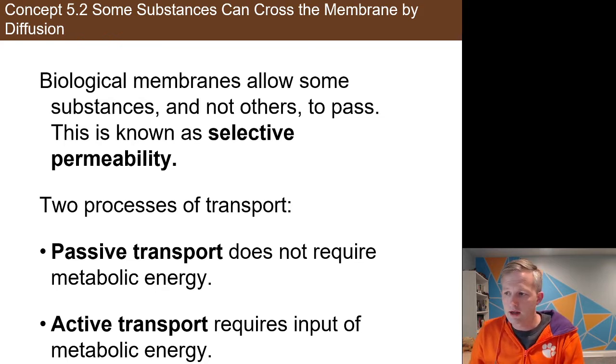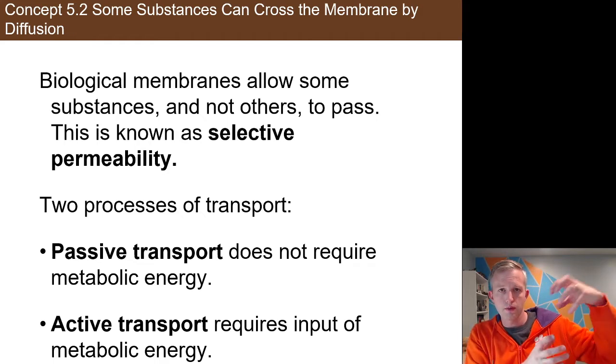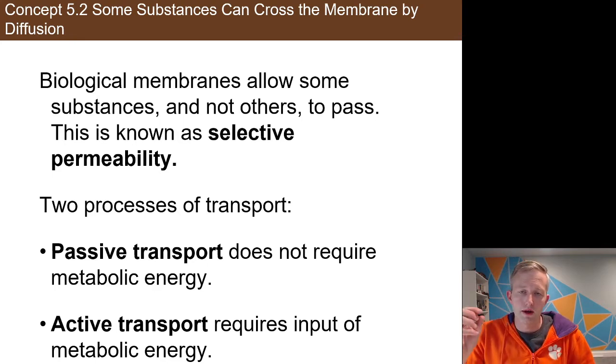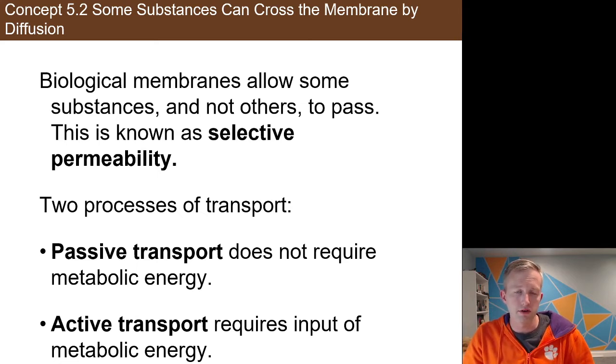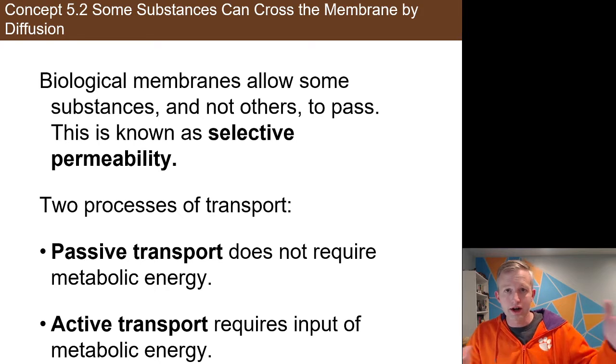That's possible because of the hydrophilic, hydrophobic, hydrophilic double layer membrane, and the fact that the cell membrane is peppered with different proteins that can facilitate the movement of things across it. This allows the cell to be selectively permeable, not just in that only some things can get across, but also in the sense that it's choosing what can go across at different times based upon the environment or the homeostatic needs of the cell.